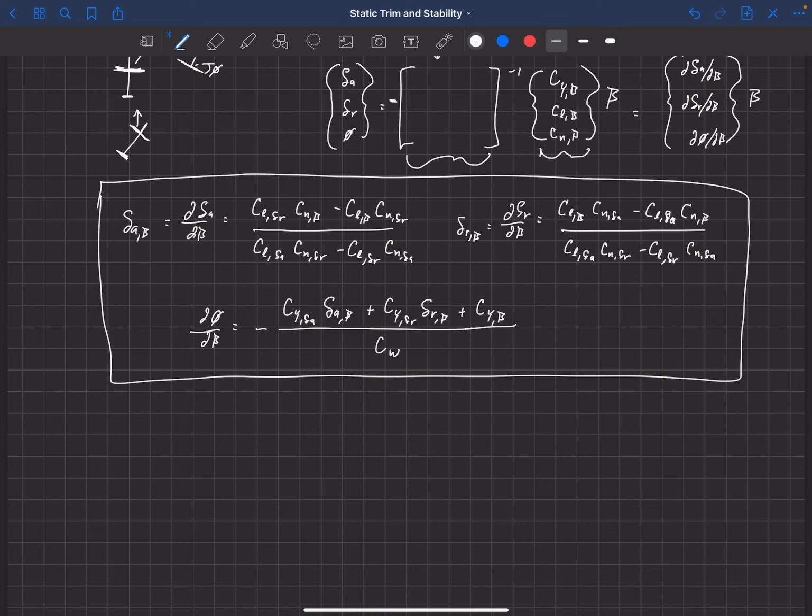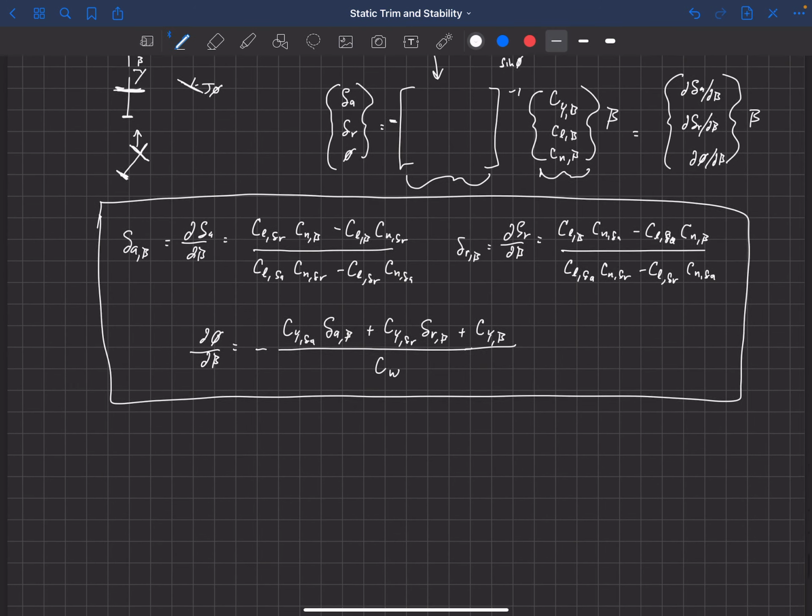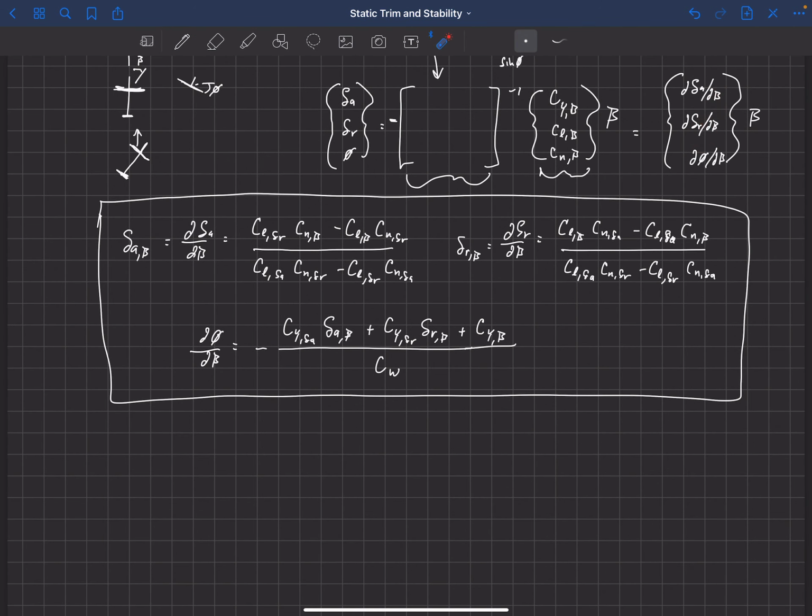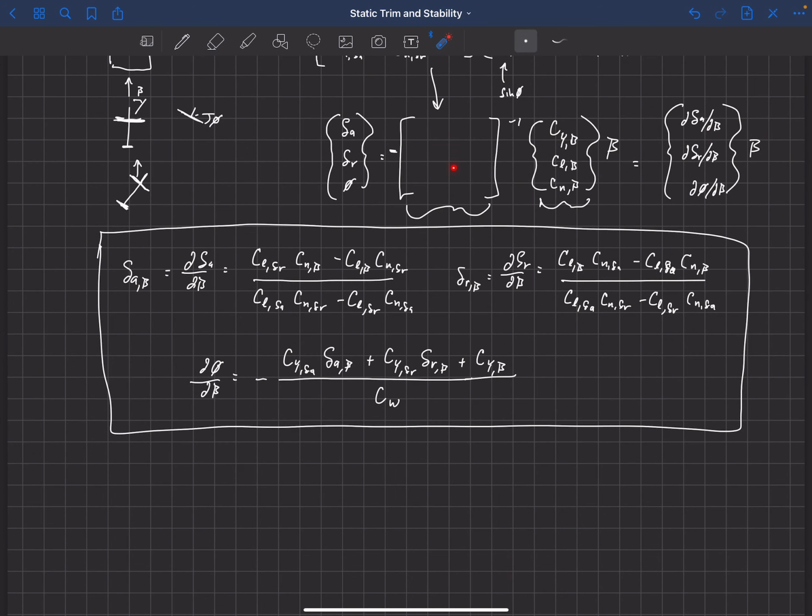That's what it's called, and that's what these terms are here. We've just analytically written out what they're going to be once we fill out the values inside of this matrix and vector. But anyway, these are our steady heading side slip gradients, and they can tell us some interesting things.